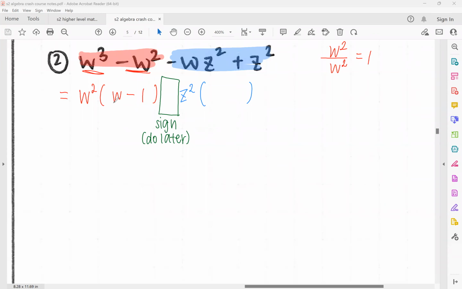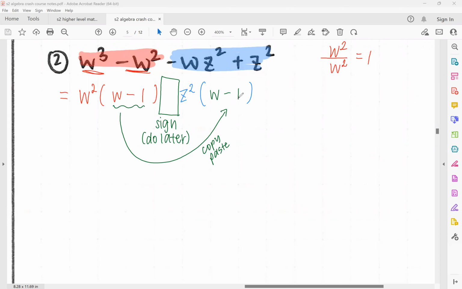For me, I would copy, paste. Understand? Why? Because remember I told you, these two must be the same. Because they must be the same, so I can copy, paste. So I just literally put W minus 1.